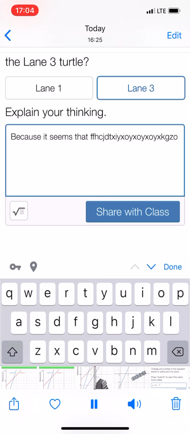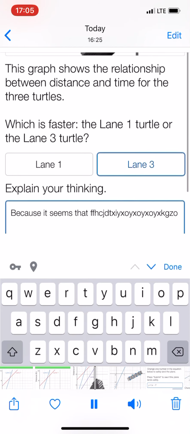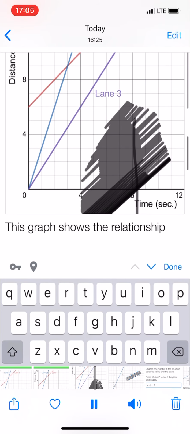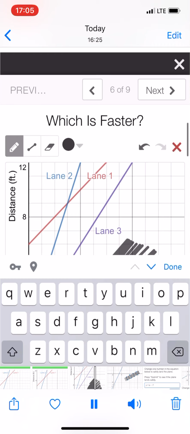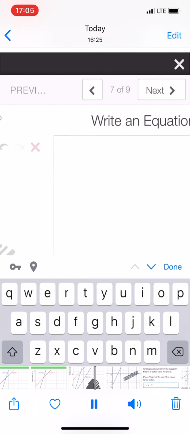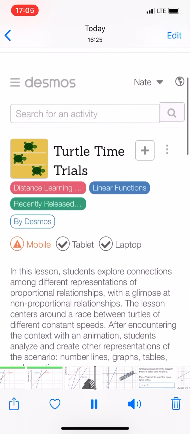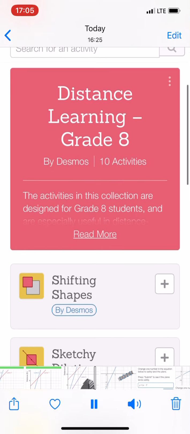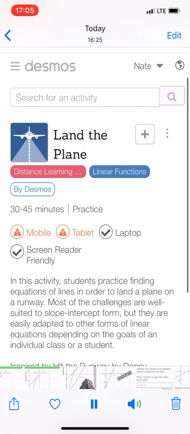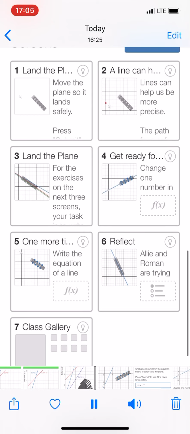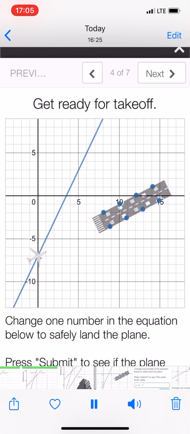Either way, they're responsible for finishing that piece of the Desmos activity, and it comes to me. It comes to my phone, and I've got now a record of everybody's achievements on Thursday, right? So on Thursday, we did turtle time trials, and I can say that Chris was able to represent in multiple ways the turtle time trials and be successful with it.